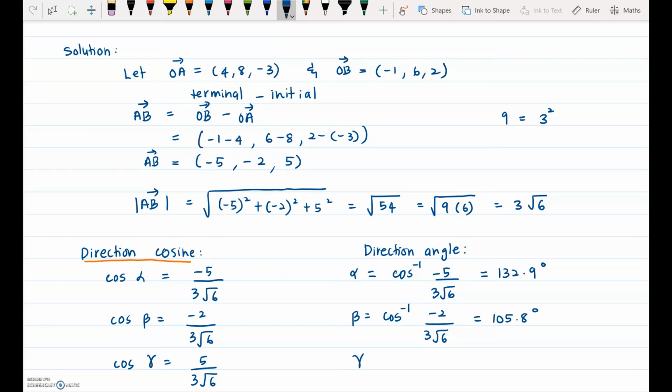And lastly, your gamma is cos inverse of 5 over 3 square root 6, which equals 47.1 degrees. So this is your direction angles, and this is your answer for these examples. All right, thank you everyone.